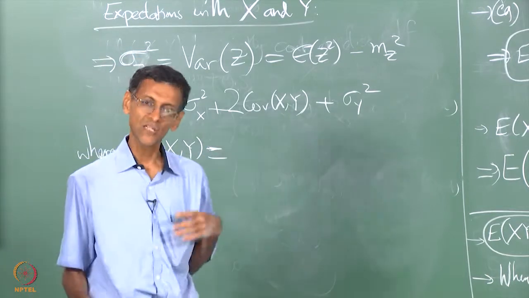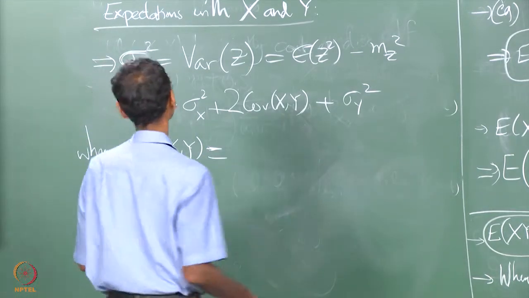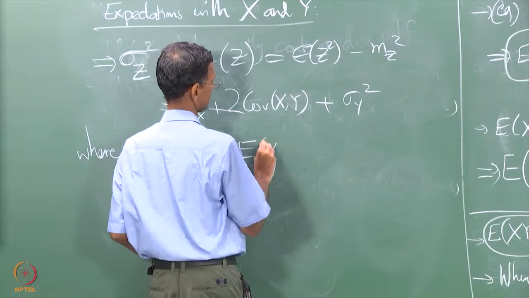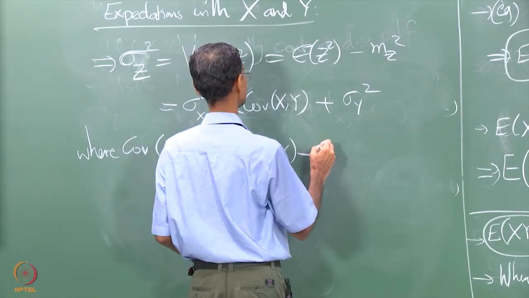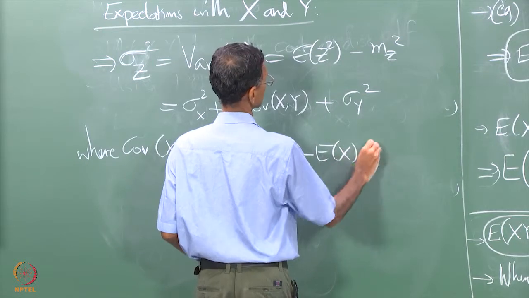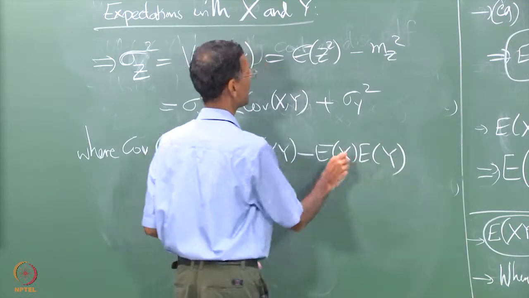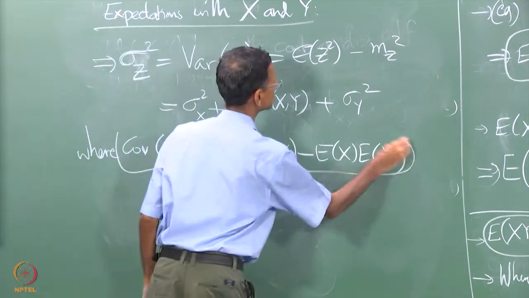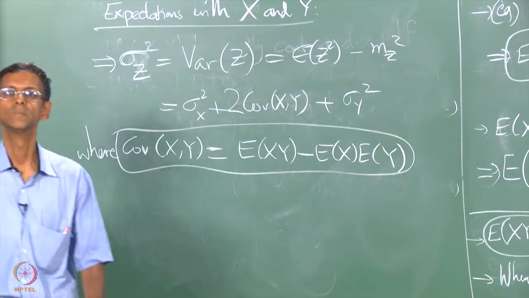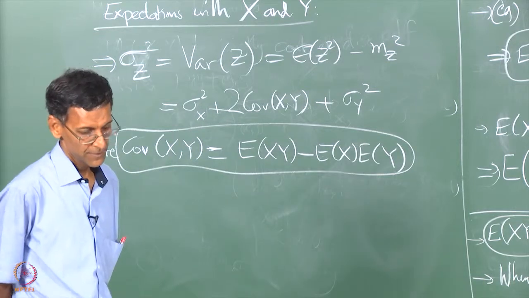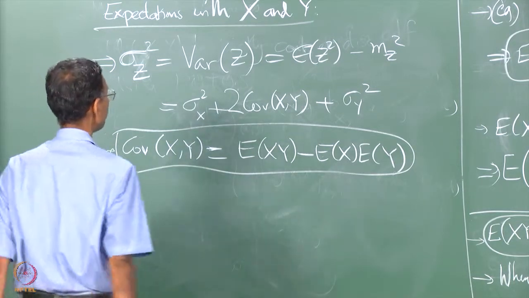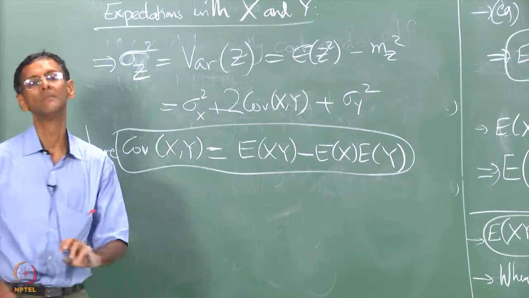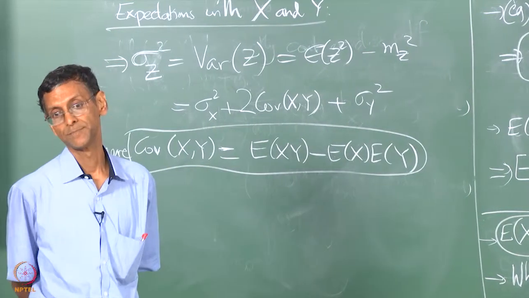It's the expectation of xy minus mx my. So this is the formula for the variance of the sum.